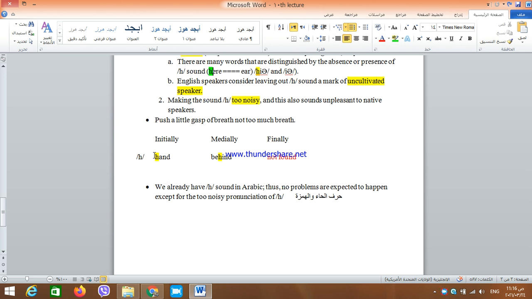The "ha" sound can be found initially: hand, head, high; medially, and we have behind; but not found in final position. Not found in final position. Okay? So for the "ha" sound, we may have it initially, medially, but not finally.